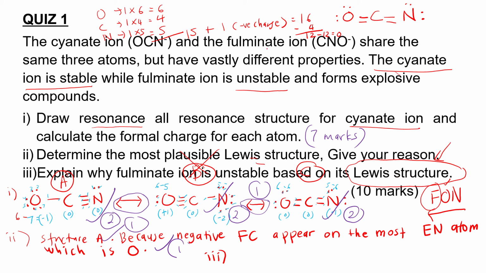For fulminate ion, we have nitrogen as a central atom. We know that to choose the correct central atom, we need to choose the least electronegative atom as a central atom. Here we have nitrogen, which is more electronegative than carbon, as a central atom. So this is the keyword for why fulminate ion is unstable.